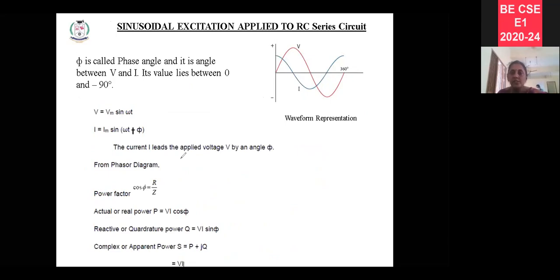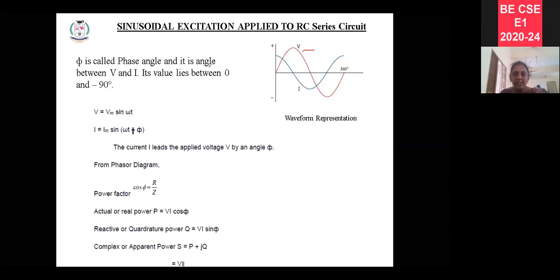Now here, this is an RC circuit, not a pure capacitance, so the 90 degrees reduces to a phase angle phi. This is the phasor diagram, and this is the waveform representation. The normal sinusoidal voltage is V equal to Vm sin omega t.